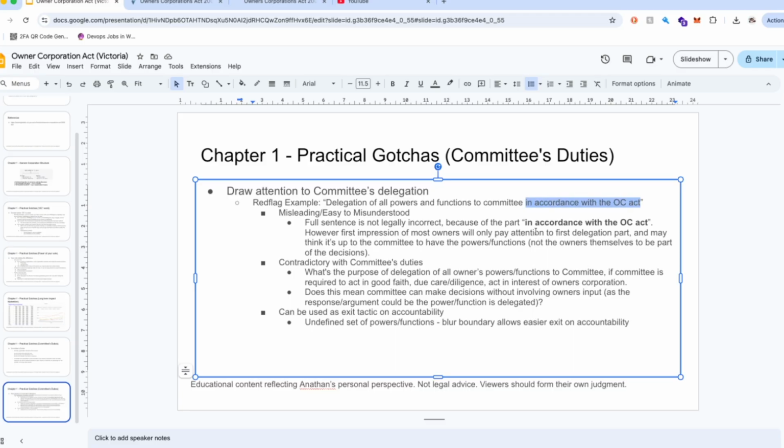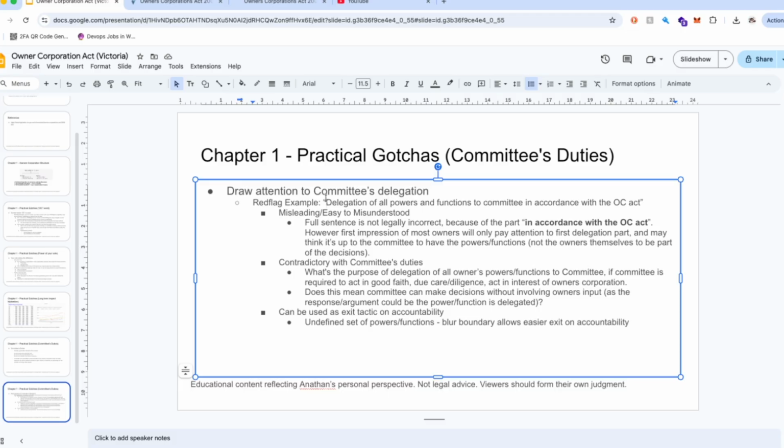So in short, you will miss it. It will very likely mislead the owners and could make them think that the committee has all the powers and functions, which it does not.